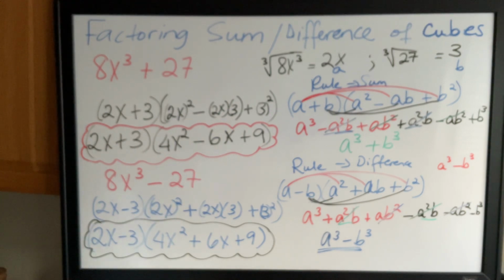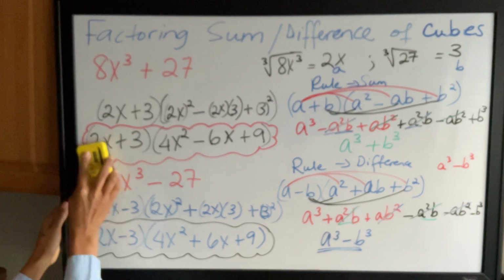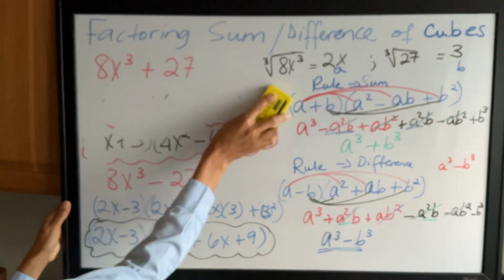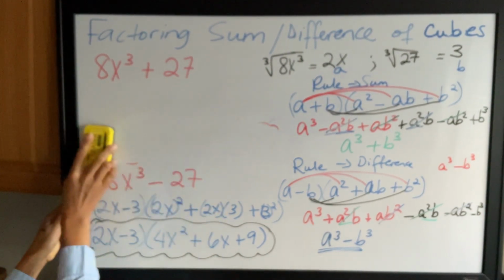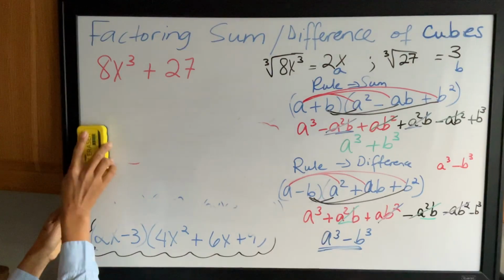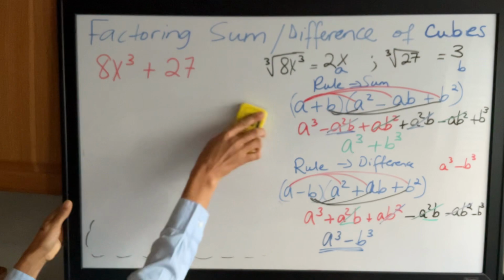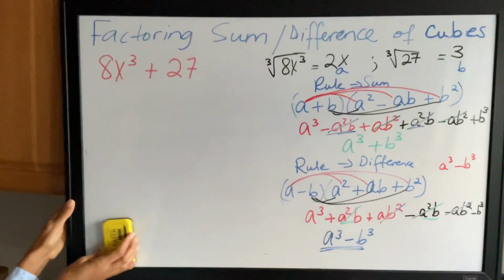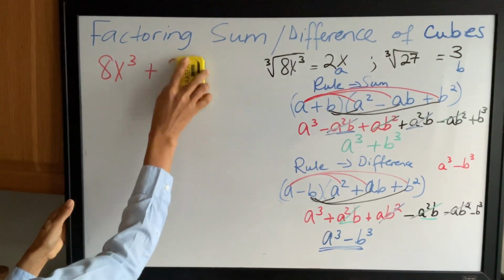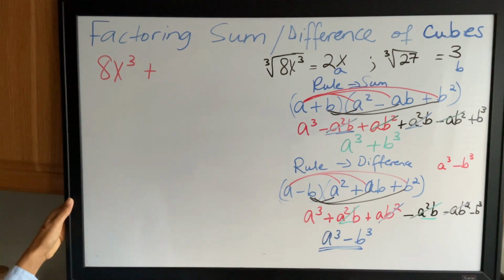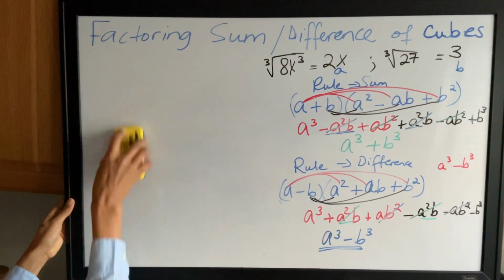In some cases, you might have a scenario where you have variables in both terms, and I'm going to demonstrate to you what will happen if you have variables in both places. So just bear with me. Actually, let me use a different number here.